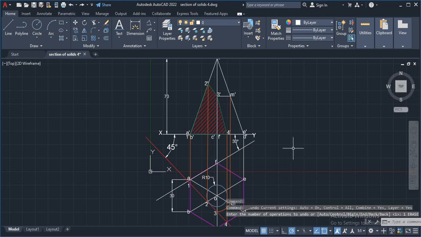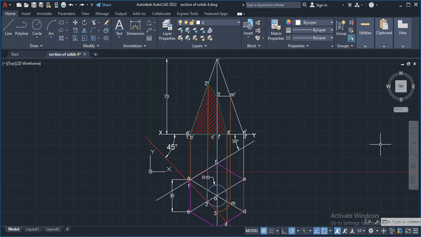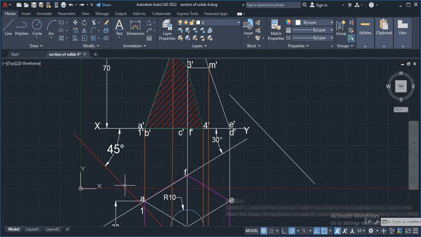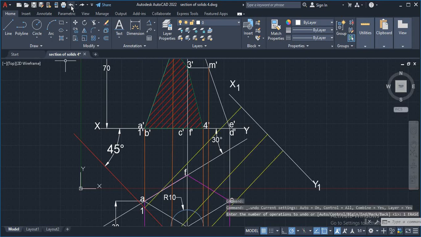And draw the section lines. So this is the shape cutting at the bottom of the hexagonal pyramid. This is the front view section. Now we are going to draw the true shape of the section. To draw this true shape, we have to draw a line parallel to the cutting plane, and draw projection lines from the points 1, 2, 3, etc. It will be 90 degree.